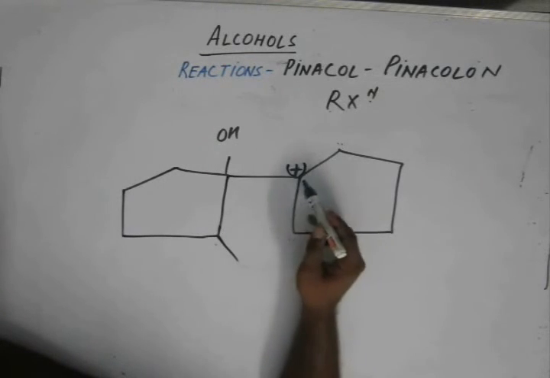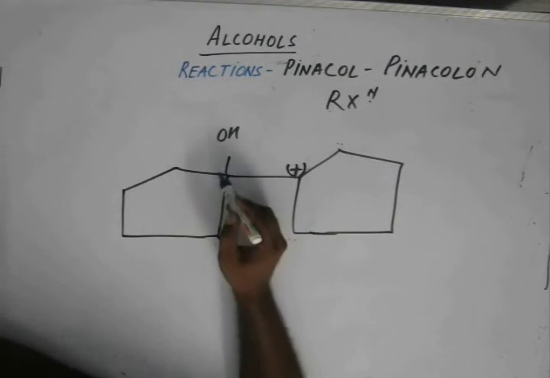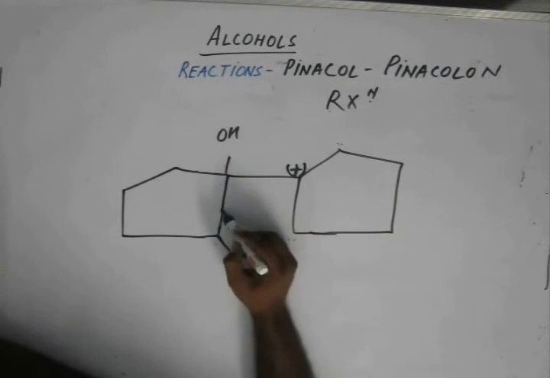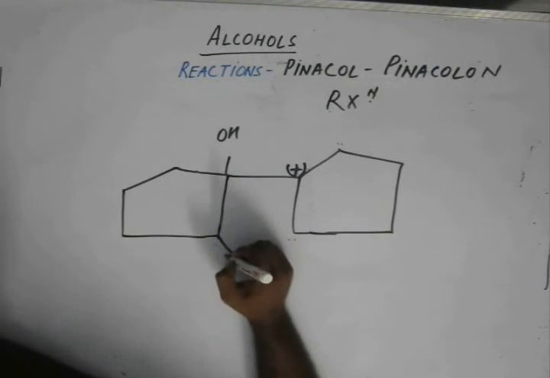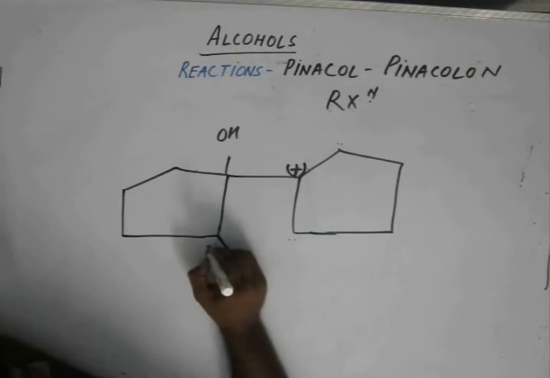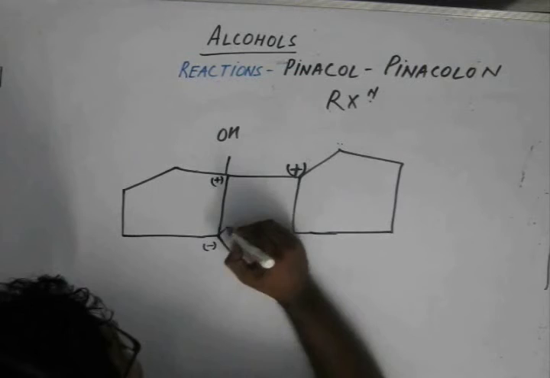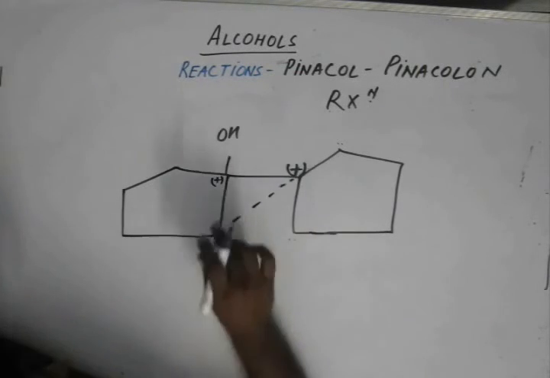Now the 1,2 rearrangement takes place via ring expansion. As compared to this, this will be more prone towards rearrangement because of this methyl group, as we have discussed earlier. So this will get a negative charge, this will get a positive charge, and this negative and this positive are attached.